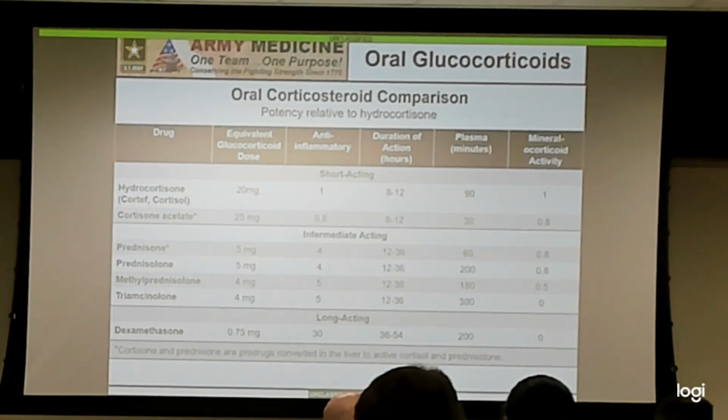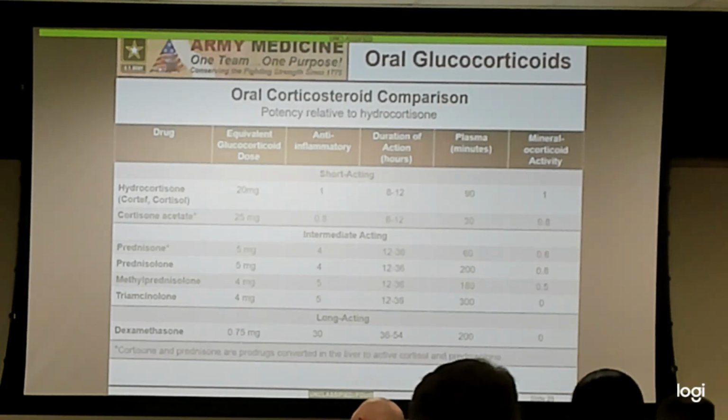When you look at your methylprednisolone and your triamcinolone, you see that those are even stronger than your prednisone, okay? And then when you look at your dexamethasone, which is why we usually give this in an injection whenever they're having these. We do have tablets for it as well, but a lot of times we give it as an injection, long-acting medication, and you see how potent that is, right?